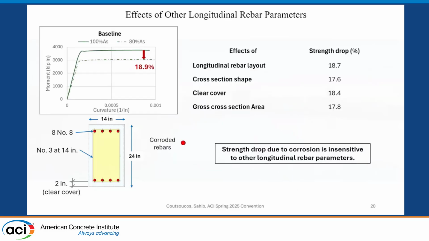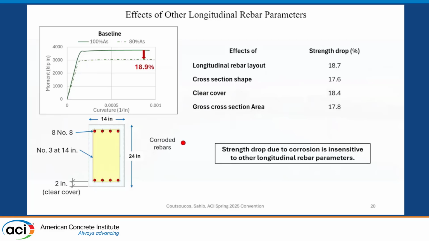Similar to the previous slide, all the rest of the parameters indicate, as you see from the table on the right, that the strength drop is about the same, between 17 and 19%. There's not really any sensitivity at all. So essentially, strength drop due to corrosion is insensitive to longitudinal rebar parameters, because so far those slides were about longitudinal rebar parameters.